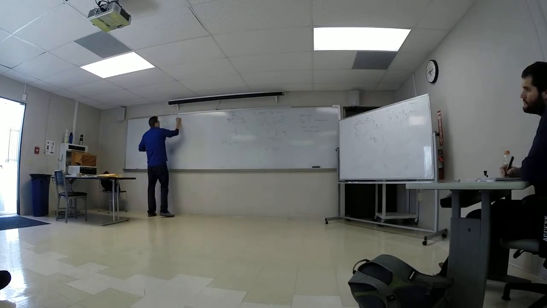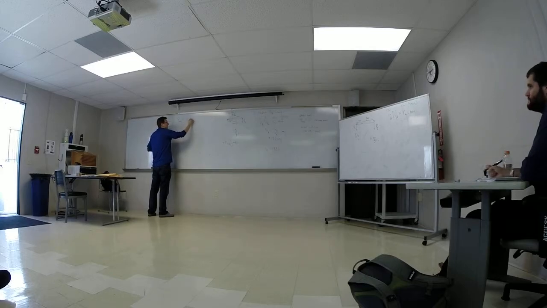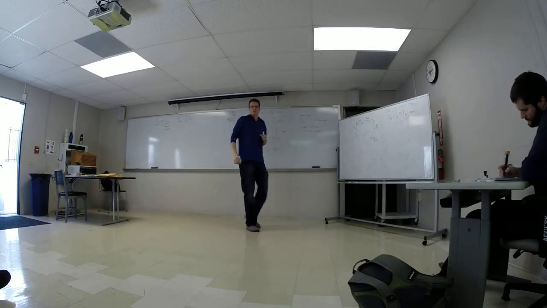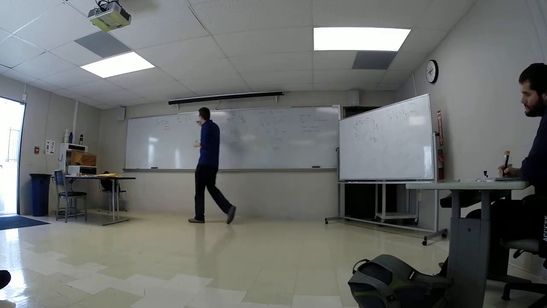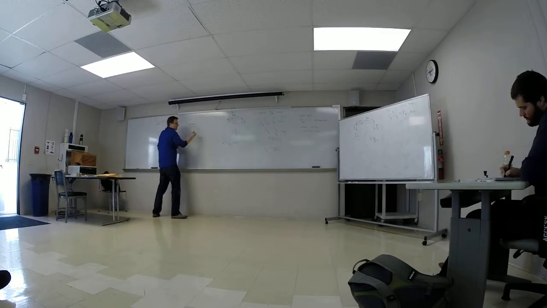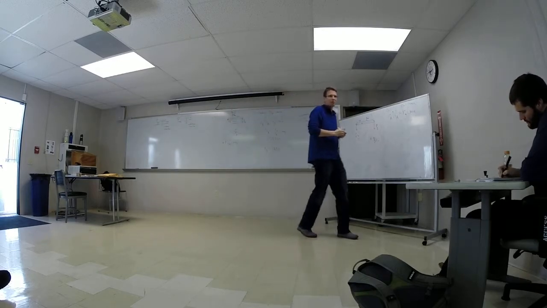If you apply a net torque to something, it'll cause an angular acceleration, but how much or how little has to do with this thing here, which is called the rotational inertia. So that's how stubborn it is to changes to its rotational motion, how stubborn it is to angular acceleration.